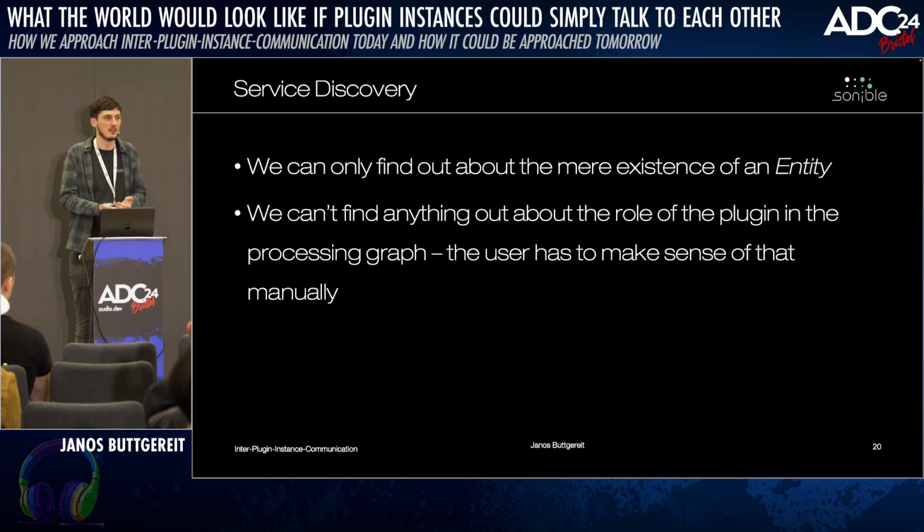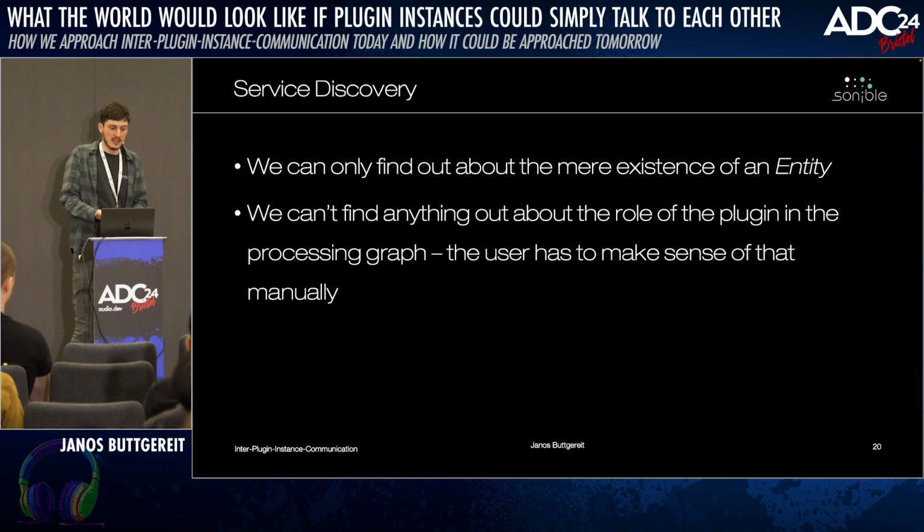For example, if you have a plugin chain and load up 2 instances of SmartEQ4, you can just put them in a group. There would not be any sense in this, but we can't stop the user doing stuff like this. And we would love to inform the user, hey, this might not be a good idea.